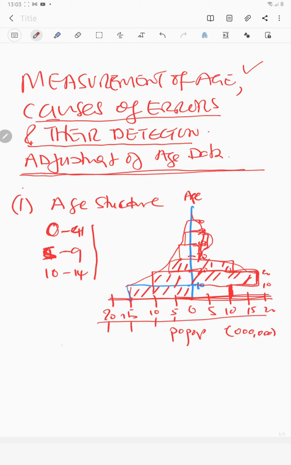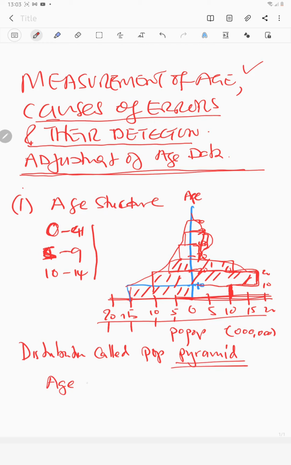So this distribution is actually called a population pyramid. And the population pyramid is used to show us the age structure of the people.